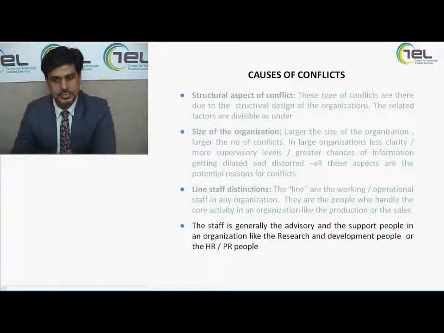Basically, the staff is the supporting factor for the line functions. Any organization, if it has to run smoothly, has to have its line and staff functions aligned, which means the support staff is supposed to support the line functions and run the organization in a better and a cordial manner.